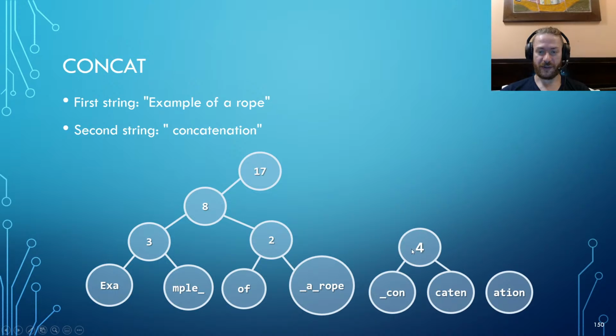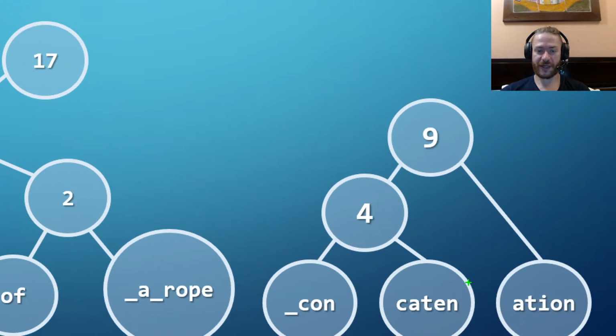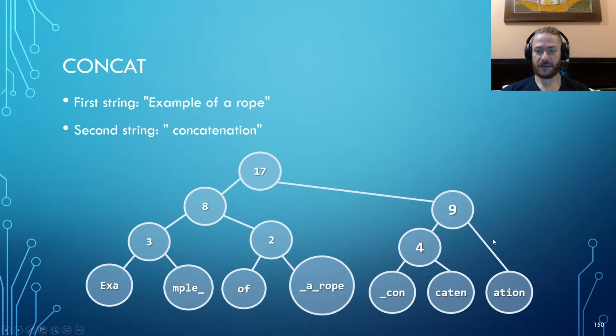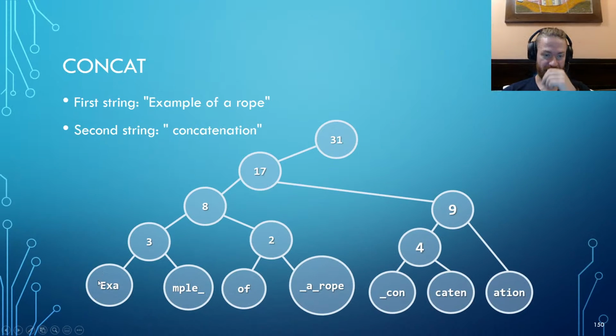Then we need to build the second part of the tree, which is 4 here because we have 4 characters here, 9 here because the left subtree has 4 plus 5, and we need to connect that to 17 and add the whole string, which has 31 symbols. And this is how we connect a part of a string to another string. We just built the second part of the rope and connect it to a node. It's super fast.